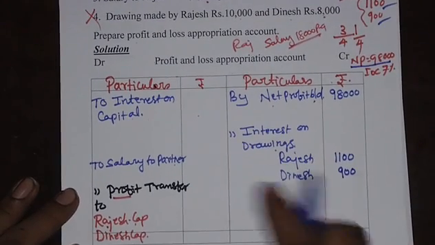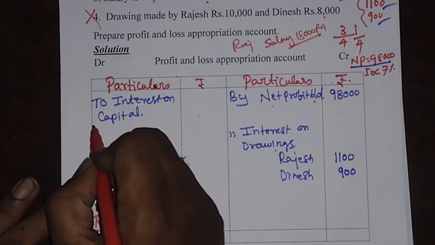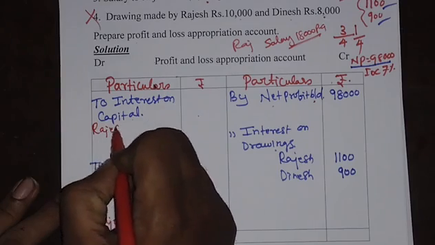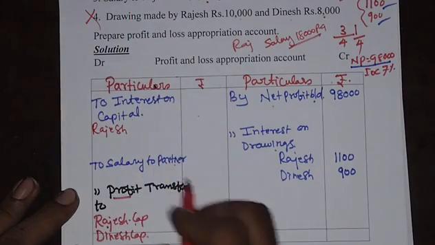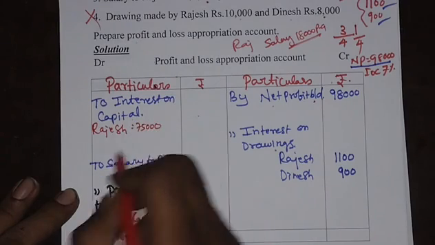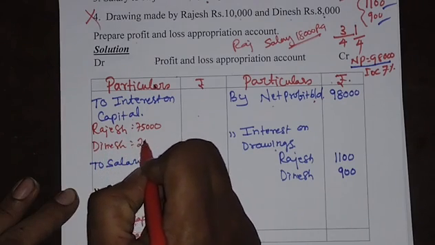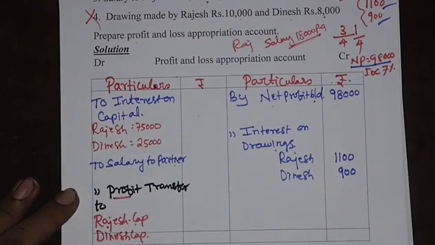Next, coming to debit side, interest on capital. First person is Rajesh. The Rajesh capital is 75,000 and Dinesh capital is 25,000.